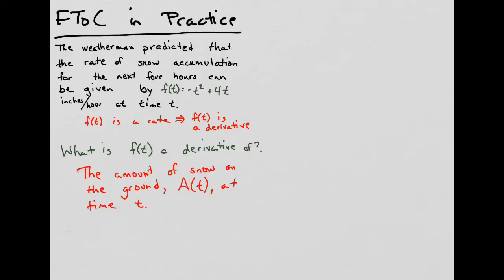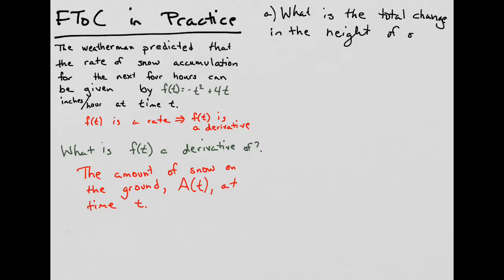And so let's ask a question. So I'm going to ask the first question. Part A is, what is the total change in the height of snow from hour 1 to hour, let's go with 3.5.